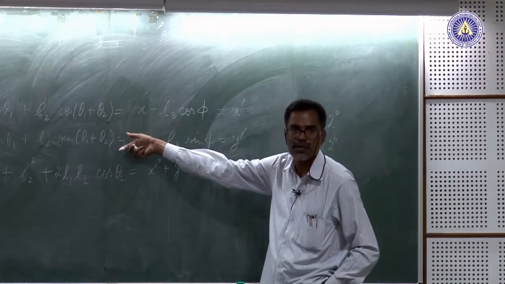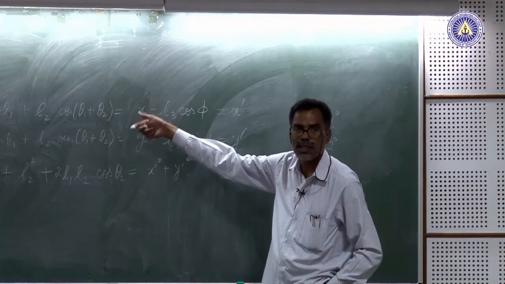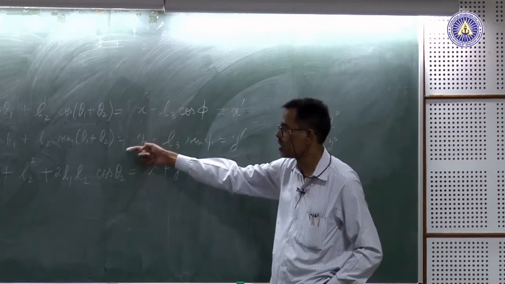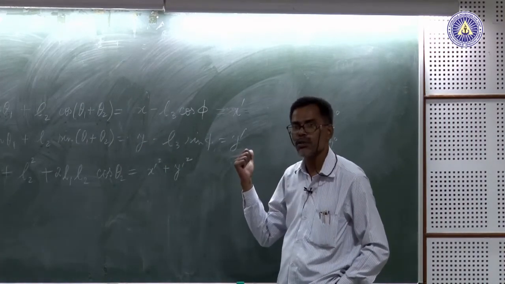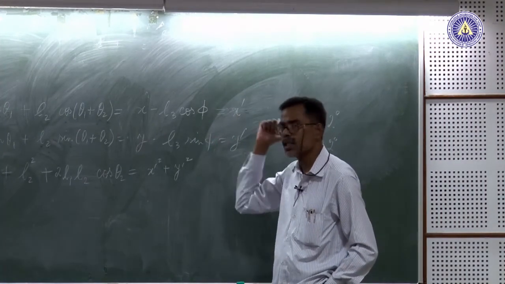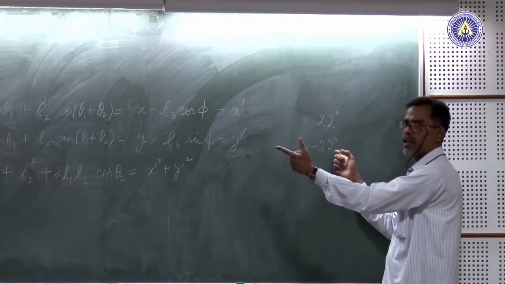Only one of those will be common, the other one here will not be in this, the other one here will not be in this. That is why for a selected value of theta 2 you will get only one correct value of theta 1, and for the other selected value of theta 2 you will get another value of theta 1.